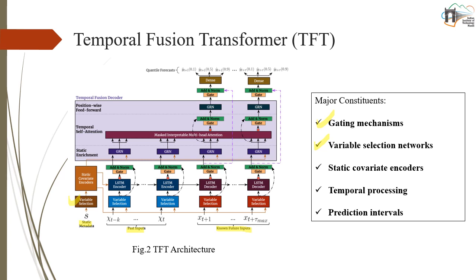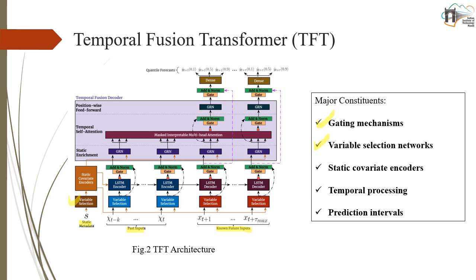The third thing is our static covariate encoders. To incorporate the static features into the forecasting process, our model utilizes these static covariate encoders. These encoders encode the static information into context vectors, which are then integrated into the network.